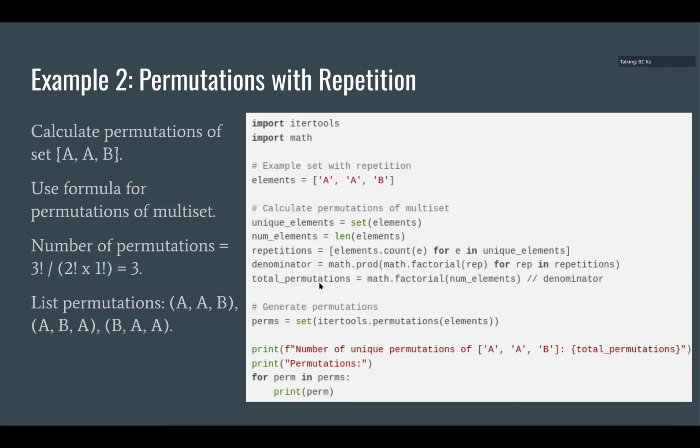We then calculate the total number of unique permutations by dividing the factorial of the total number of elements by this product. And we can now generate all permutations of the list and convert it to a set to remove duplicates here. And then we can print the total number of unique permutations and each permutation.